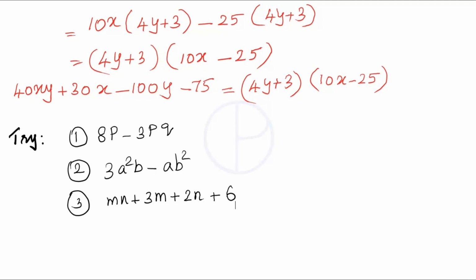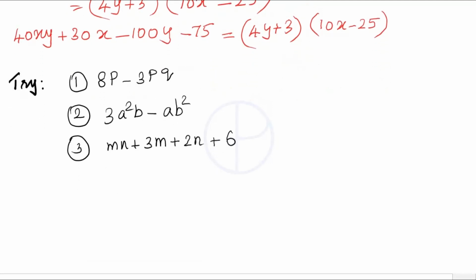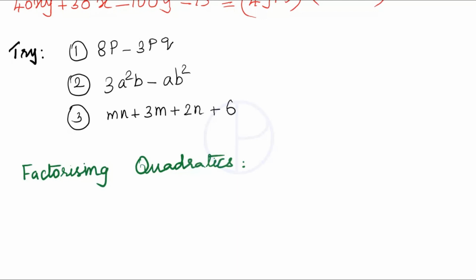Next, factorizing quadratics. The general form of a quadratic expression is ax square plus bx plus c. For a quadratic expression, the power of x is 2.